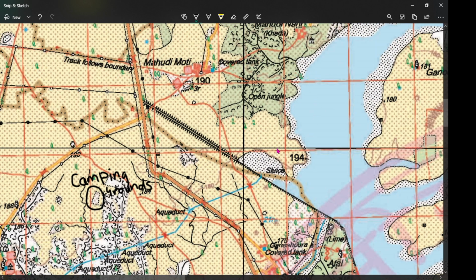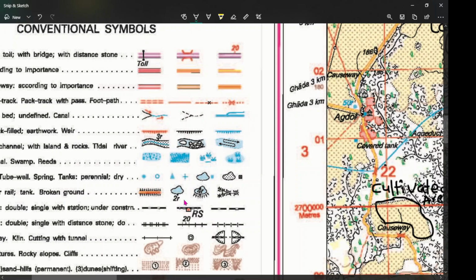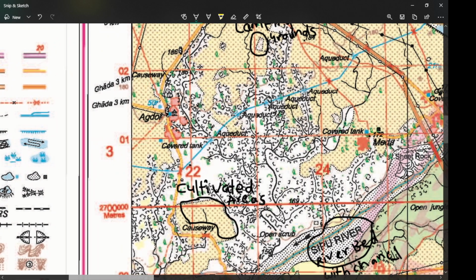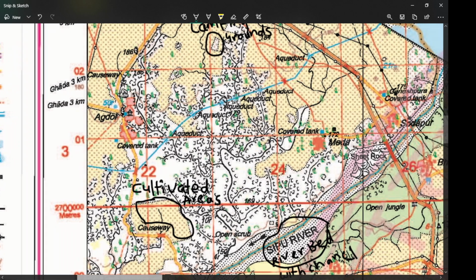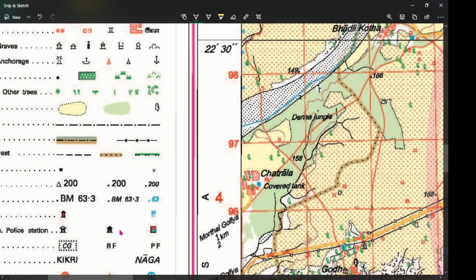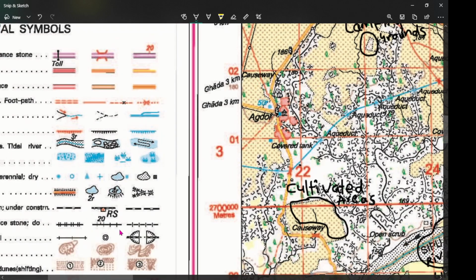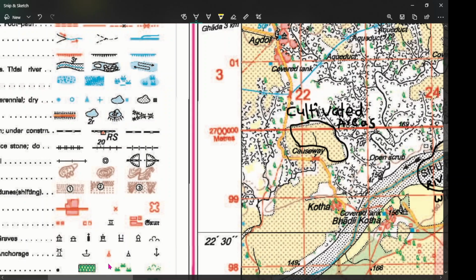Besides this, you see it over here as well. So this feature as well.